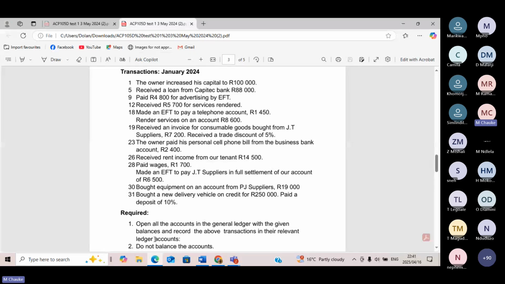On the 28th, we paid wages. We also made an EFT payment to our suppliers in full settlement of our account of 6,500, right? So I'm going to start with the one of wages. When you pay, bank is affected, it is decreasing because you are making a payment from your bank. And then what did you pay? You paid for wages. So wages is another account.